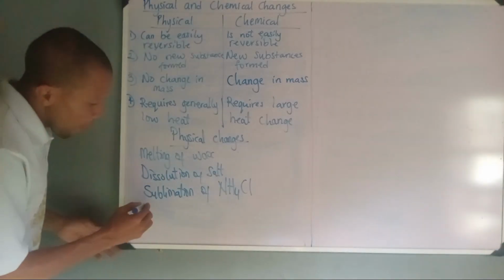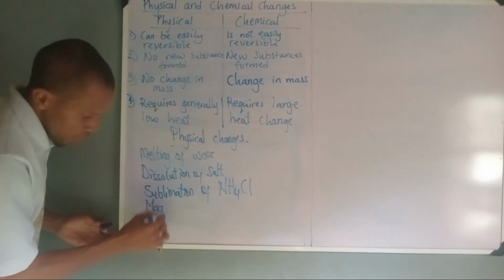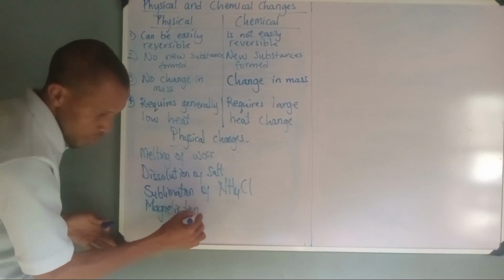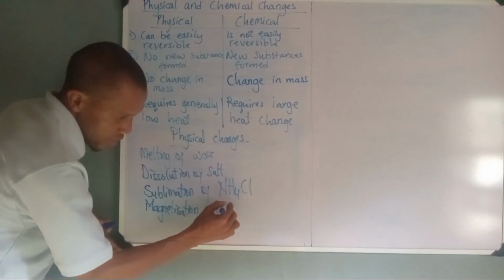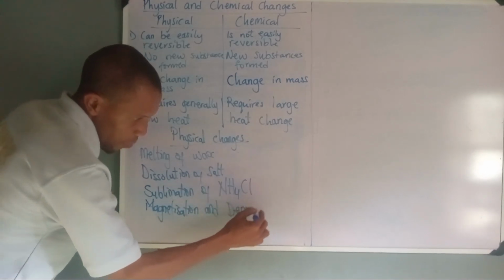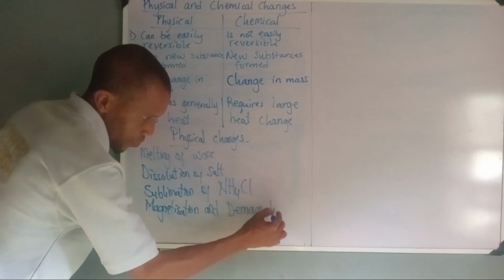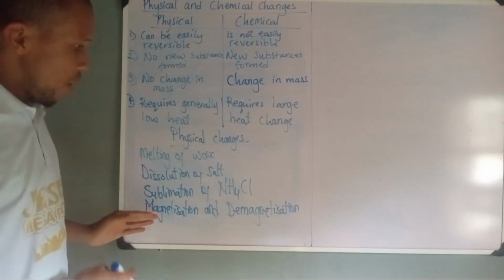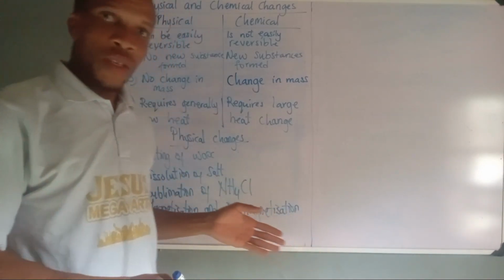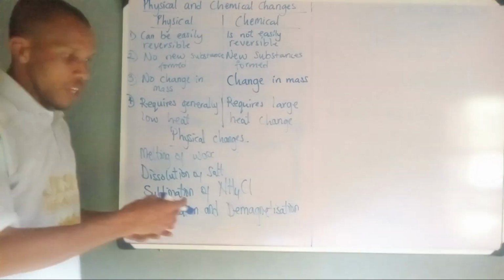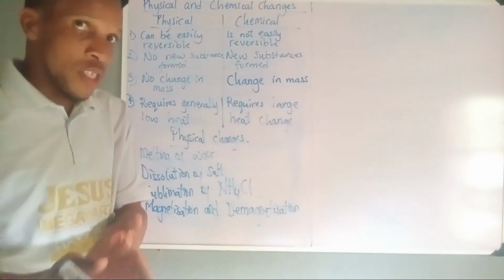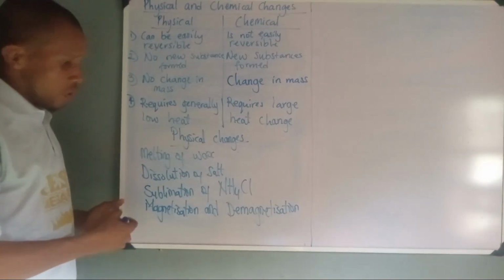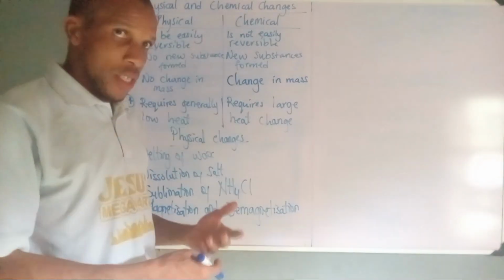Also, we have magnetization and demagnetization of iron. So all of these are what? Physical changes. Iron, when heated, can lose its magnetic qualities. Also, when cooled, it can regain its magnetic quality.